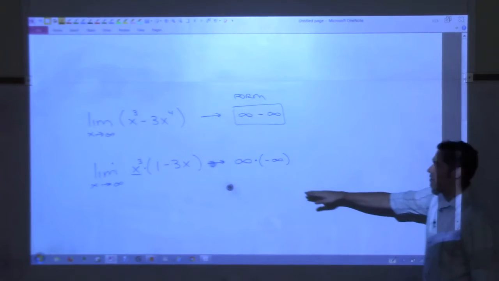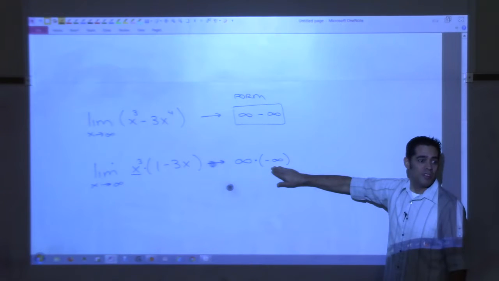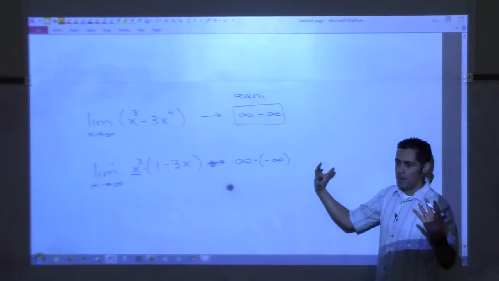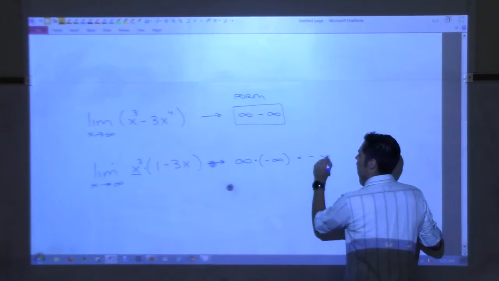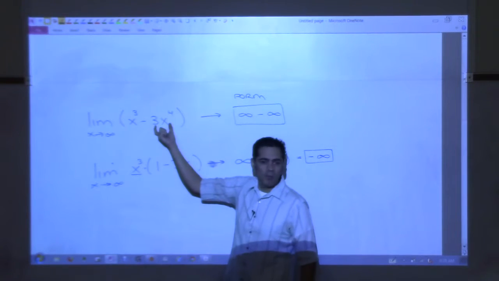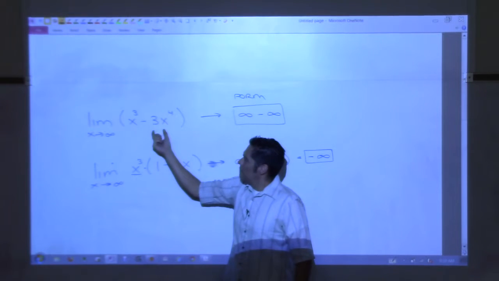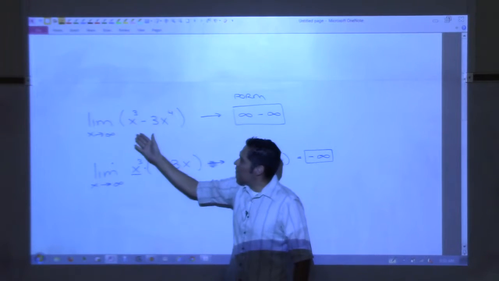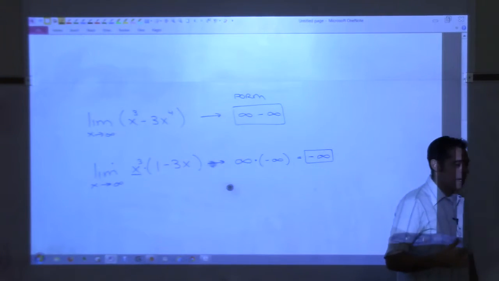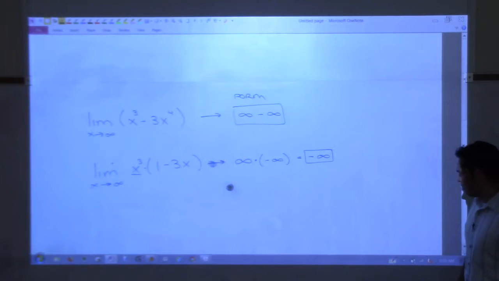What's a huge positive number times a huge negative number? A huge negative number, right? Positive times negative should be negative. They're both big. This should be big. So the answer is negative infinity, which kind of makes sense. I hope it makes sense, because we said this term was going to dominate, right? This was going to dominate everything. And so it may not seem like there's that much of a difference between x cubed and x to the 4th, but when x is huge, that x to the 4th is very powerful, and it overwhelms the x cubed. Yes? Okay.